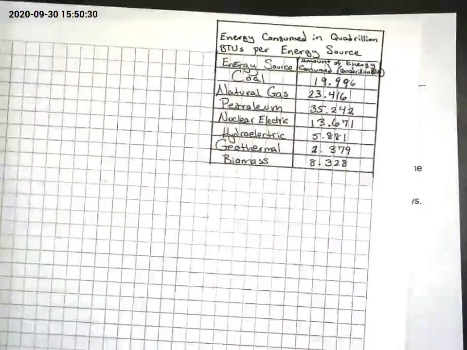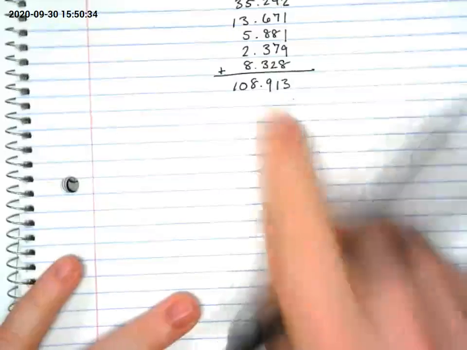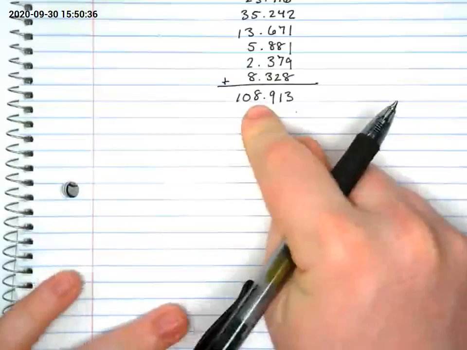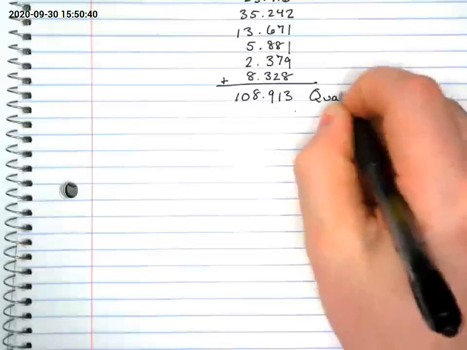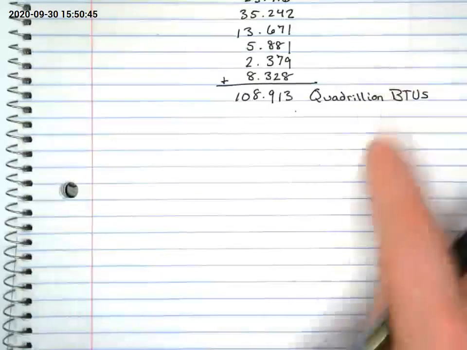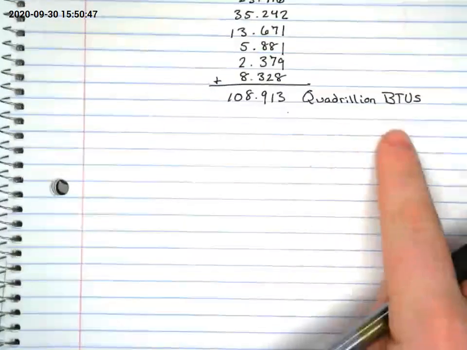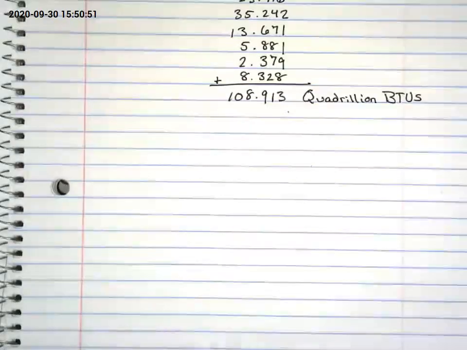Okay, so maybe I should write the units along with this, because that's what it is: 108.913 quadrillion BTUs. The reason this is important is because it gives us context of what we're doing. It helps us better understand why we're doing what we're about to do.